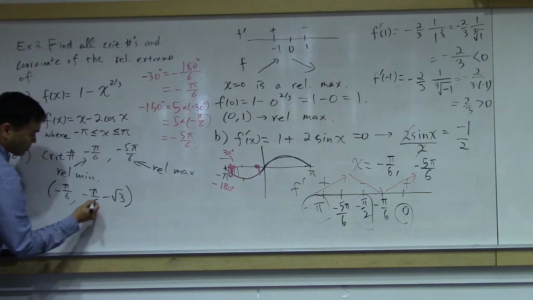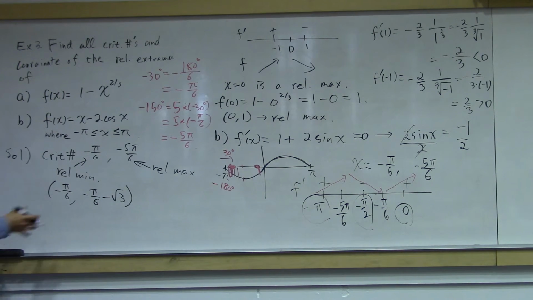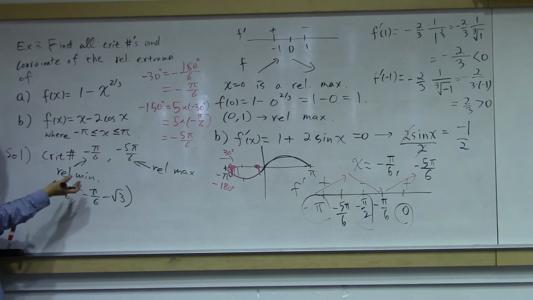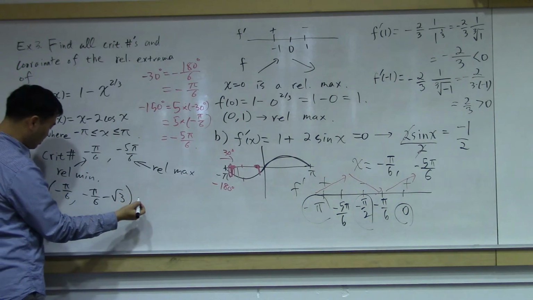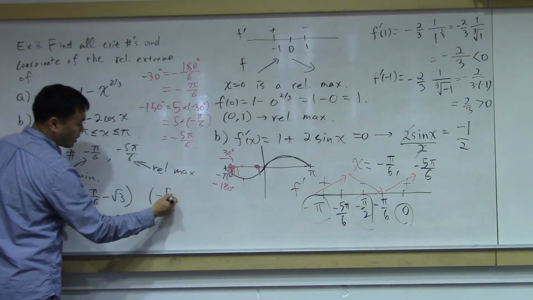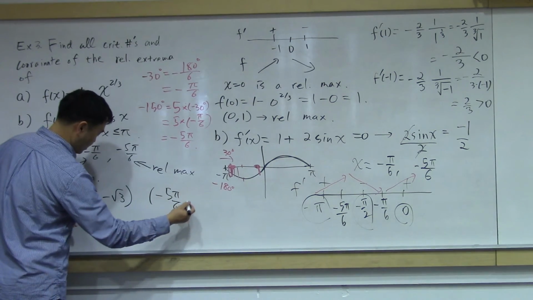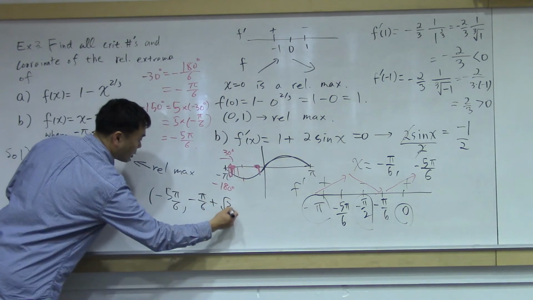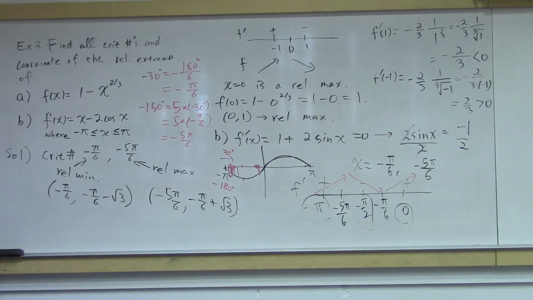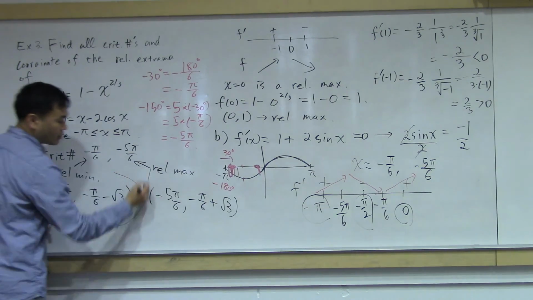Sorry, because we don't have time, I'll just compute the values in my head, but given the time, you should be able to do this, okay? All right, and then this one will be negative 5 pi over 6, negative 5 pi over 6 plus radical 3. That's the relative min, and that's the relative max.